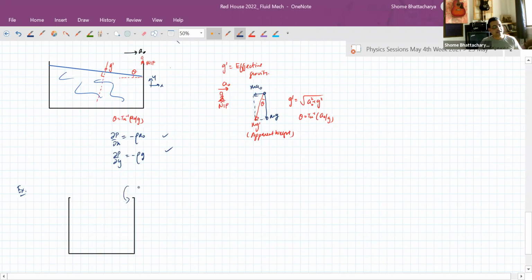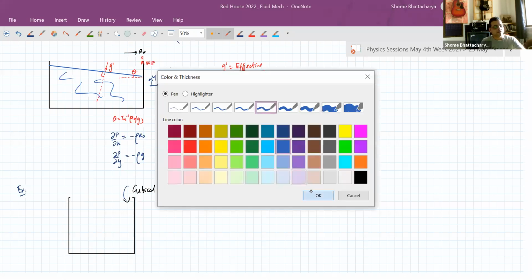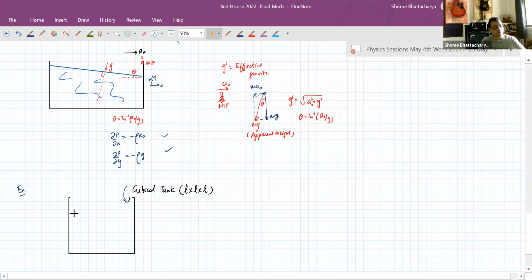So we have a cubical tank of dimension L by L by L, like this. And when it is stationary, water is filled, sorry, not right up to the surface, but up to a height H like this. Okay.